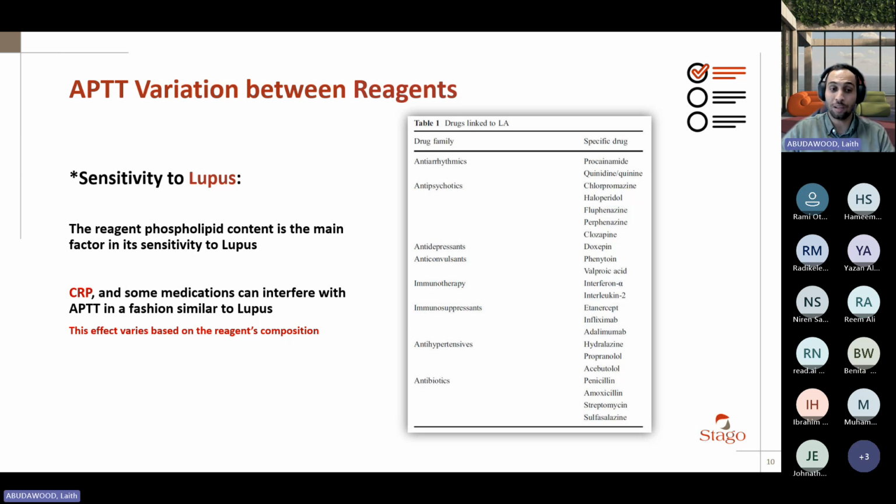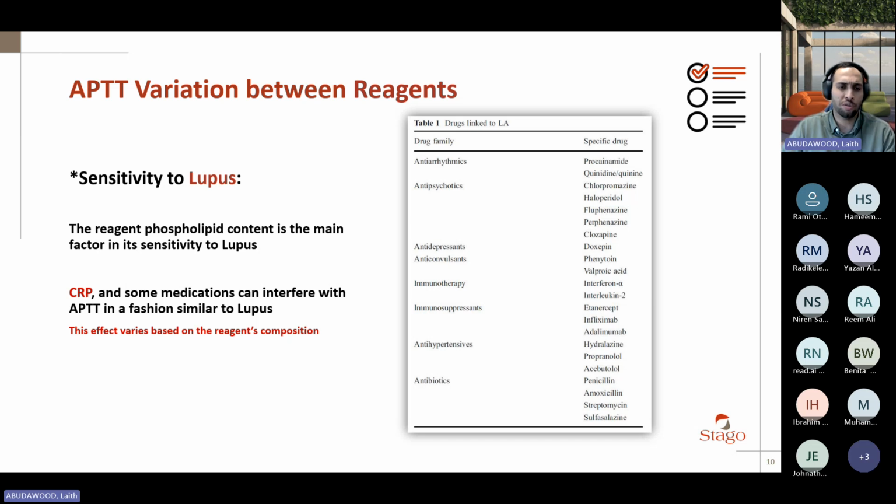Now, CRP again behaves very similar to lupus, so it can and it does cause a prolongation in APTT. So if the customer says to you, for example, this patient just has a throat infection, why is your PTT Automate prolonged? Okay, the patient has an infection, the CRP will be high. High CRP can actually interfere with PTT Automate.